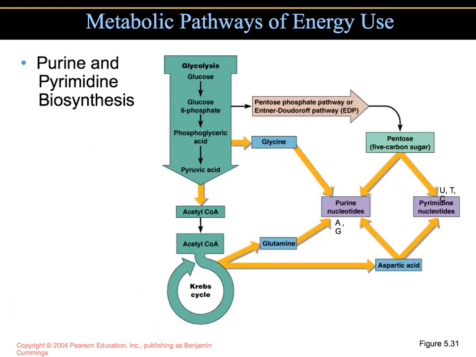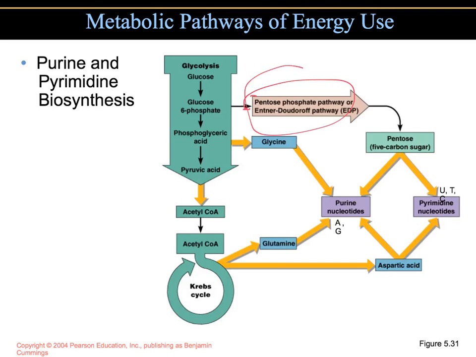DNA and RNA are made from nucleotides, which consist of a purine or pyrimidine, a 5-carbon sugar, and a phosphate group. The 5-carbon sugar comes from the PPP or ED pathway, and hopefully you remember that these are some alternate pathways.